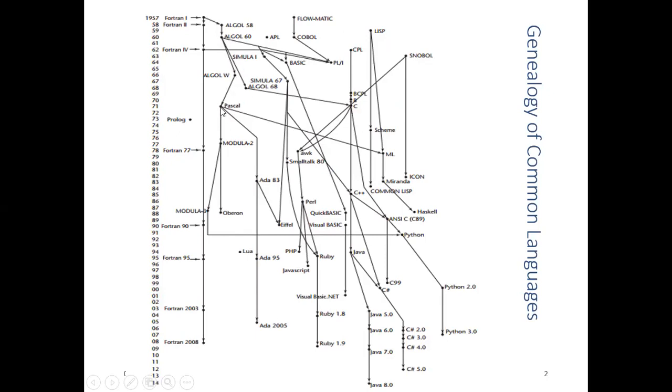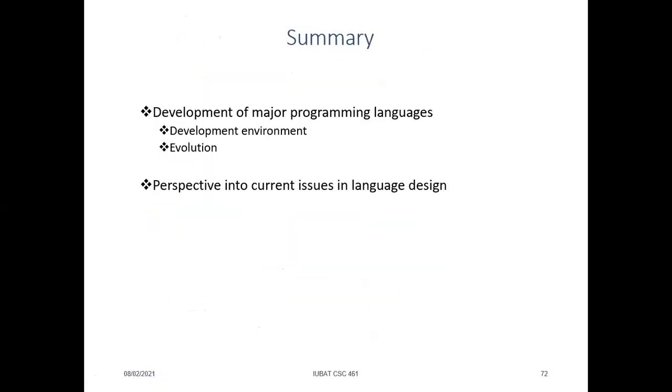From ALGOL we have Pascal, which leads to Haskell. So the structure of this programming language not only leads to PL/I, it leads to PHP, JavaScript, and also Python. So the concepts that they developed there are actually popular in today's languages.